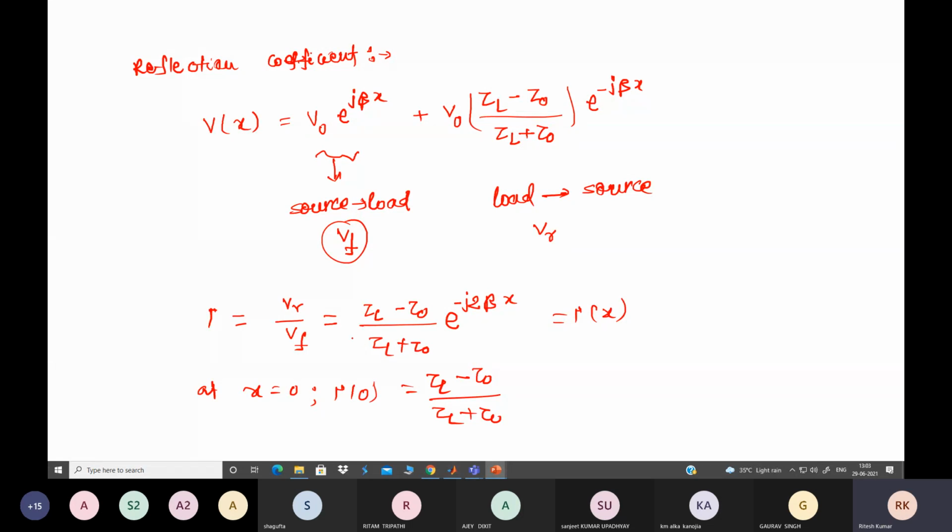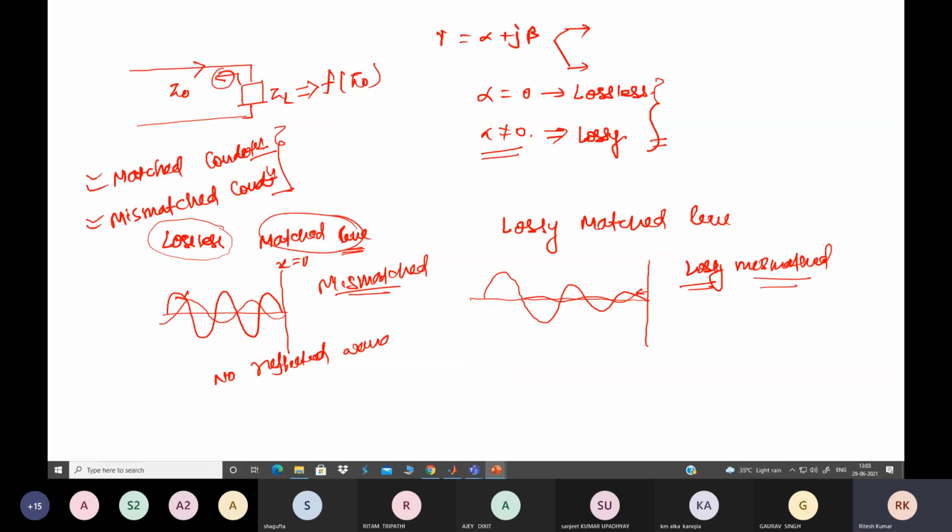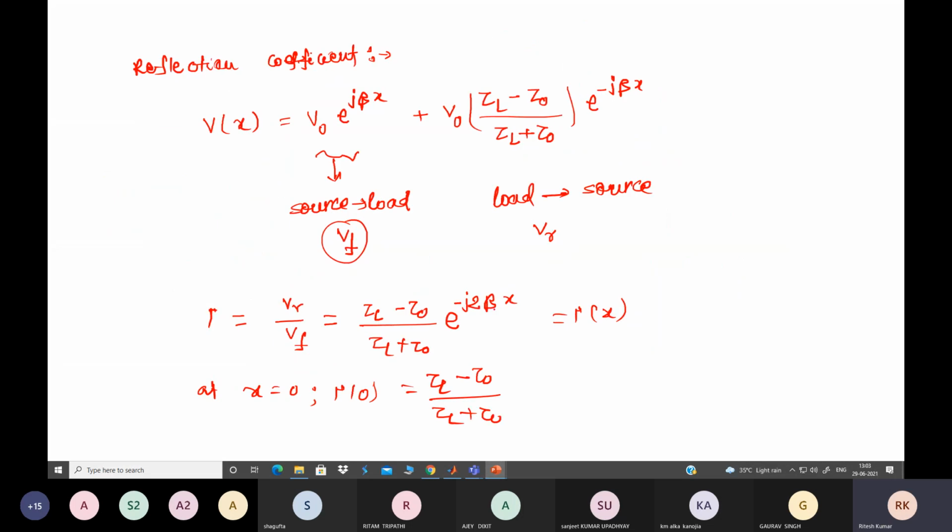What we observe from this expression of gamma of x is that there is some amplitude and there is some phase. In the mismatched situation, we have a phase difference between the incident and reflected wave, and that phase difference occurs due to the presence of the term e to the power minus j 2 beta x.